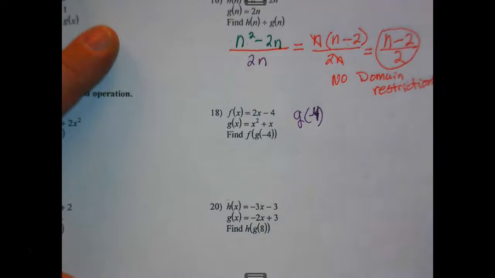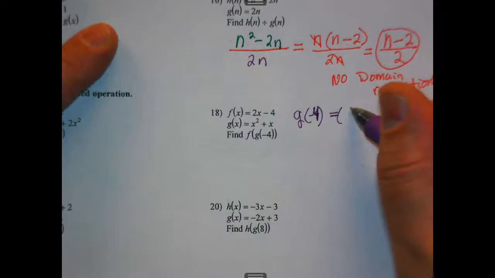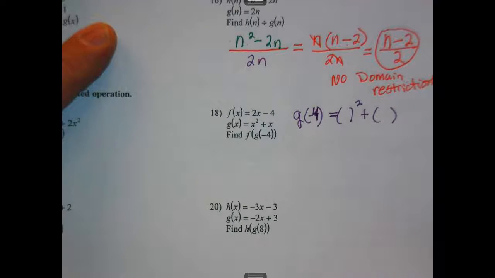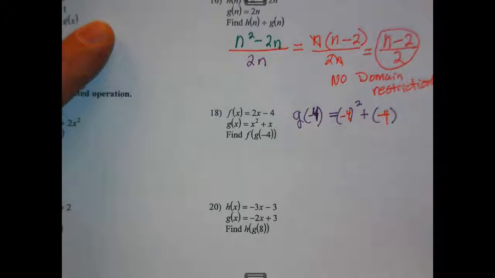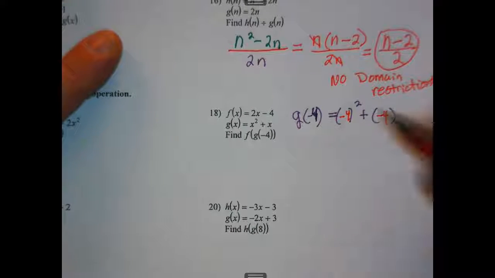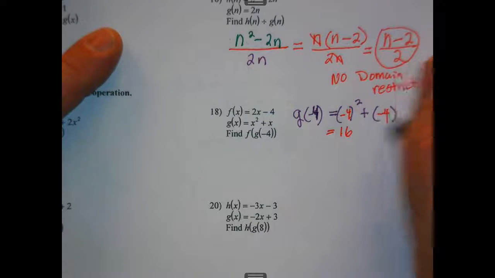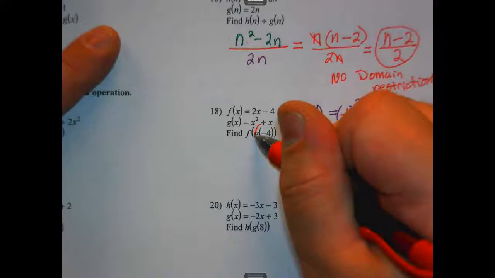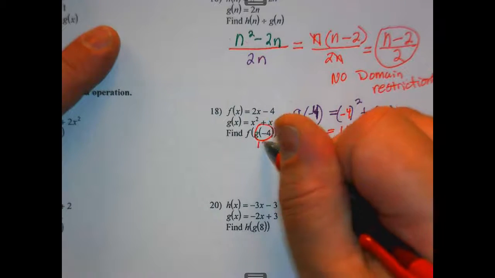g of negative 4 equals, let's see, x squared plus x. I have to put in negative 4 for x. Negative 4 squared is 16, plus a minus 4, which equals 12. So for the g of negative 4, I have to substitute in 12.